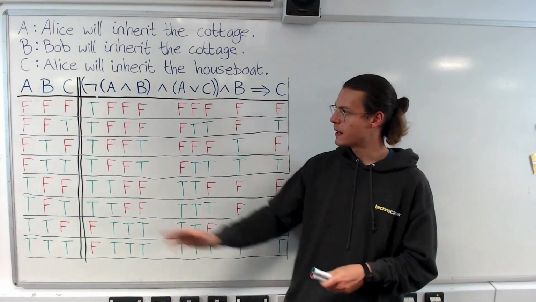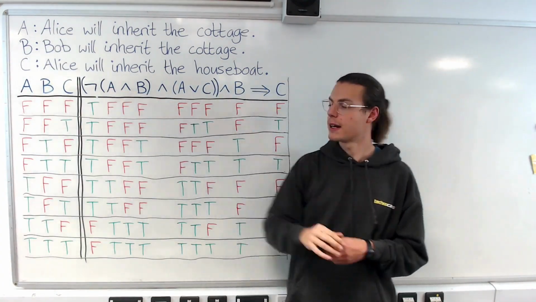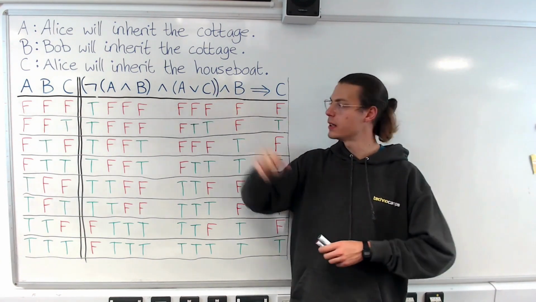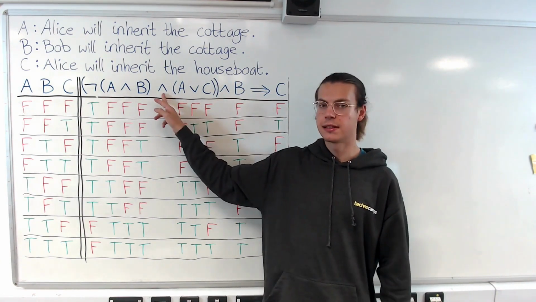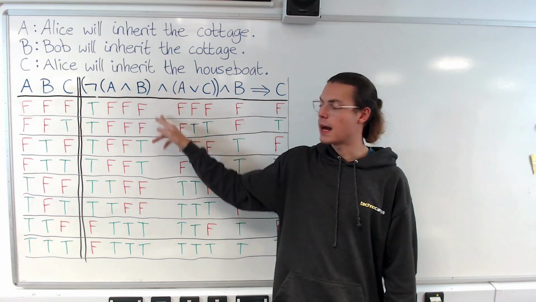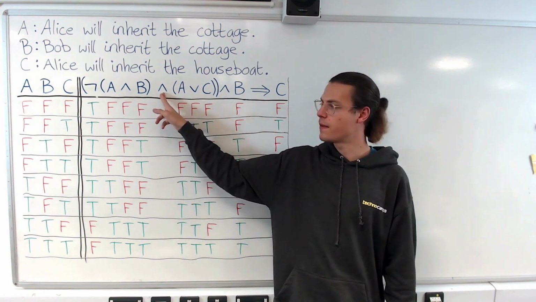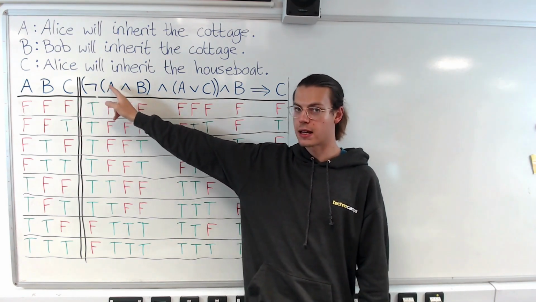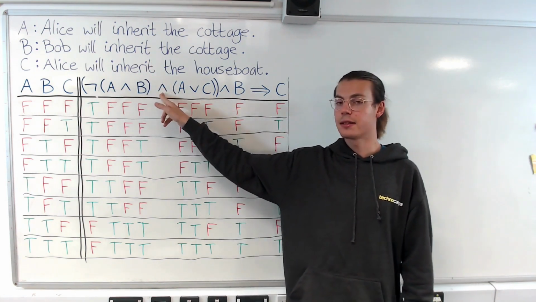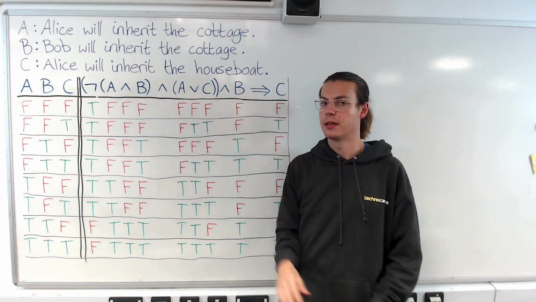Right, now we have the values of not (A and B) and the values of A or C, and we can evaluate this and. This and column is for the statement not (A and B) and (A or C).